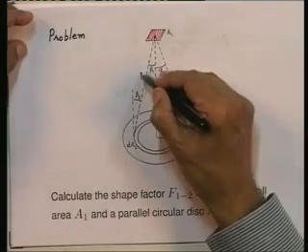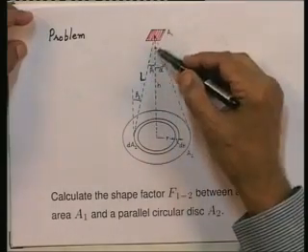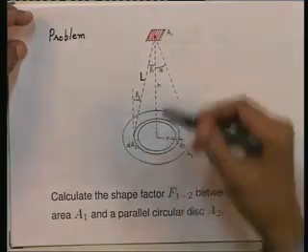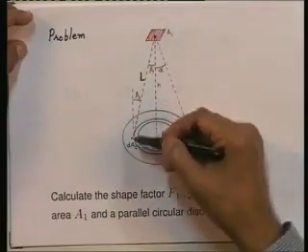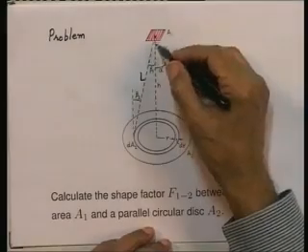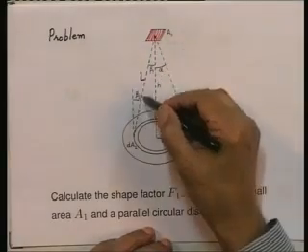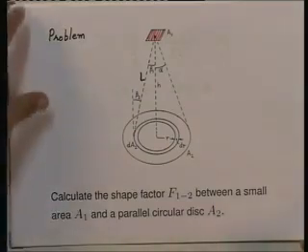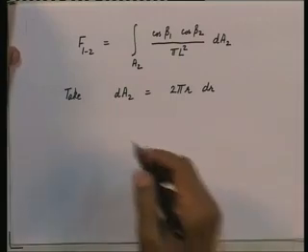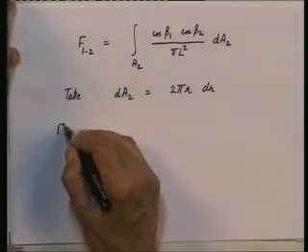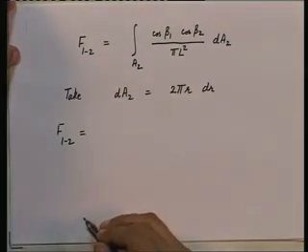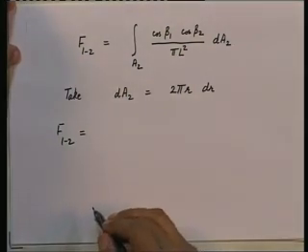The angle made by this line joining A1 to dA 2 and the normal, the two normals will be parallel to each other because the two surfaces are parallel, this will be beta 1 here and this will be beta 2 here, and they will be equal in this case. So, let us substitute into our expression now, we will get F1 to 2. We are going to express everything in terms of the angle beta 1 as the variable.